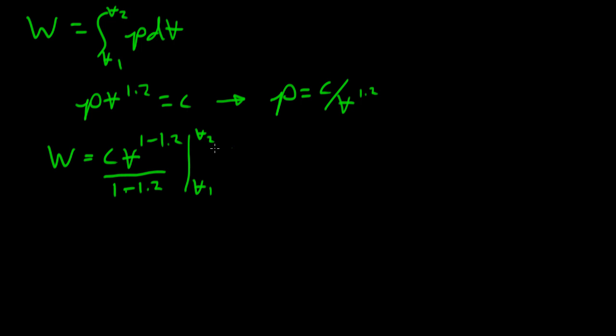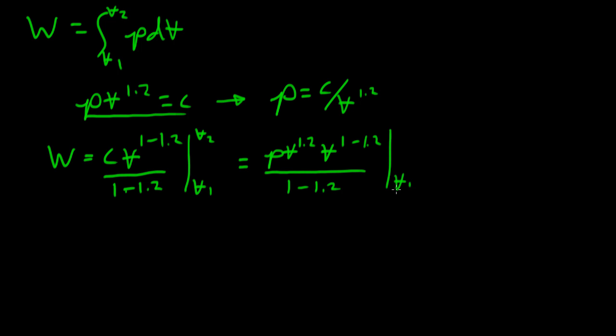and V2. Remember that pressure is equal to the constant divided by V to the 1.2, and so we can sub in for our constant PV to the 1.2. PV to the 1.2 times V to the 1 minus 1.2, all divided by 1 minus 1.2, evaluated at V1 and V2.